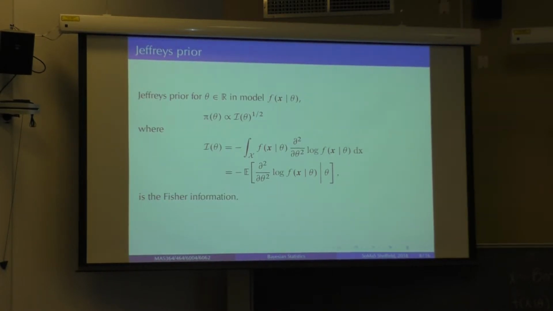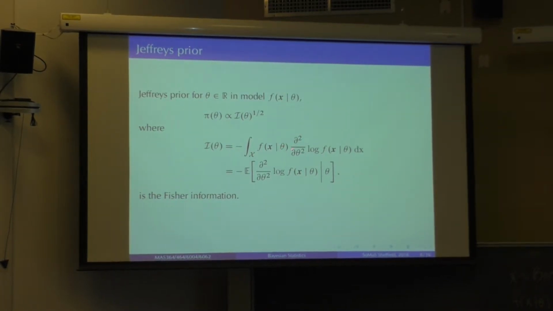So it's measuring the curvature of this likelihood, right? If the likelihood is really peaked, that's a lot of information. If the likelihood is really flat, that's very small information. So that's the idea behind Fisher information.